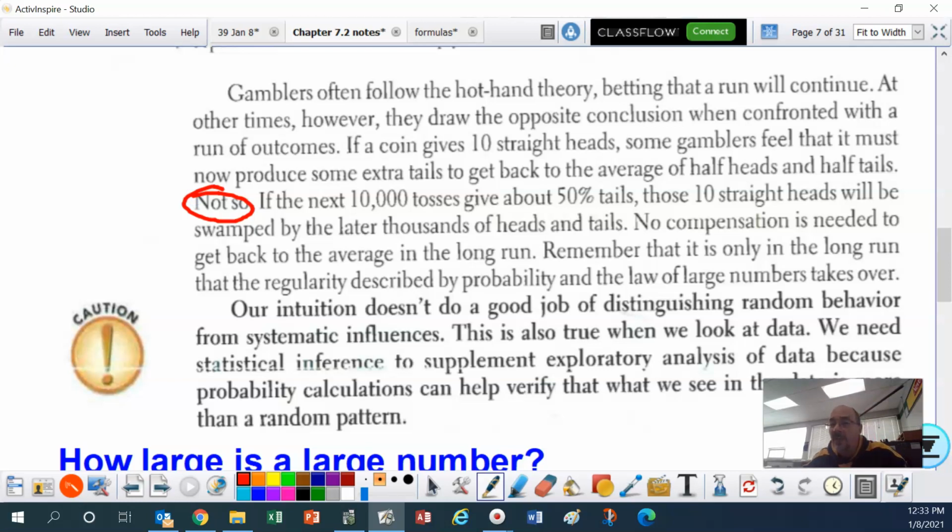If the next 10,000 tosses give about 50% tails, those 10 straight heads will be swamped by the later thousands of heads and tails. No compensation is needed to get back to the average in the long run. Remember that it is only in the long run that the regularity described by probability and the law of large numbers takes over.